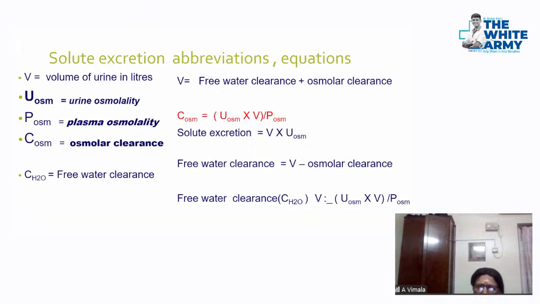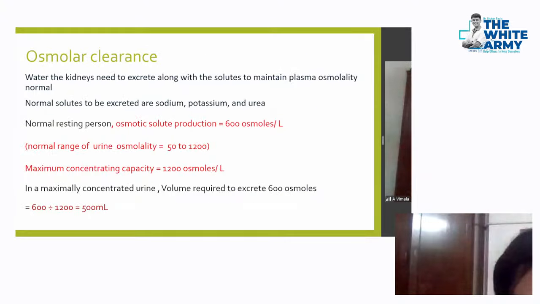That has to be divided by the plasma osmolarity. That gives you the osmolar clearance. So osmolar clearance is found out by urine osmolality into volume of urine in 24 hours divided by the plasma osmolality. The V into U osmo, hope you are with me.